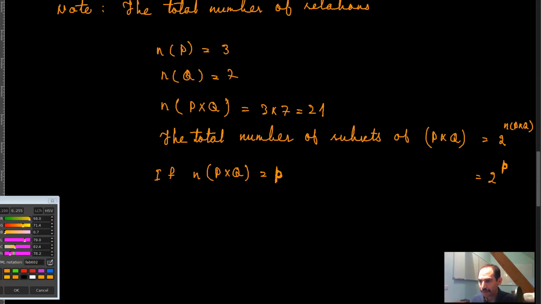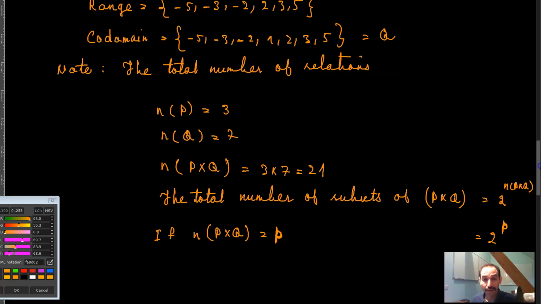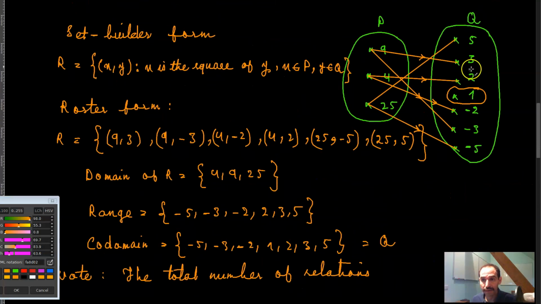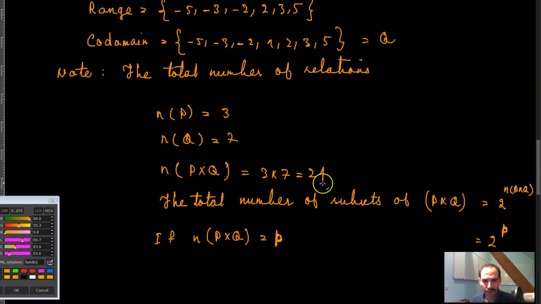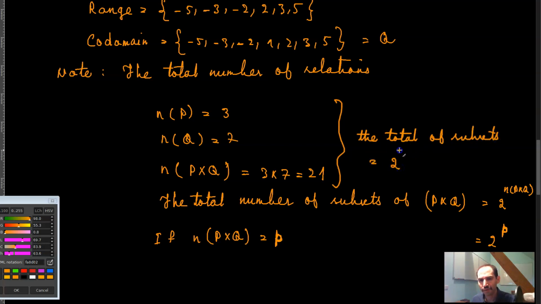Now the total number of subsets of the Cartesian product of these two sets P and Q is going to be, in this particular case, the total number of subsets is equal to 2 raised to the power 21, right?